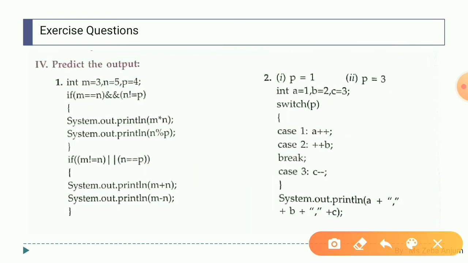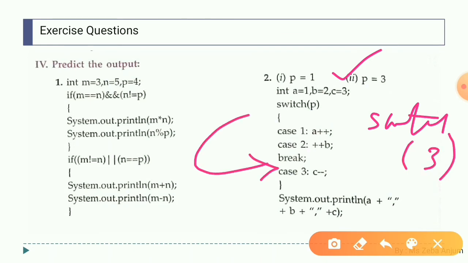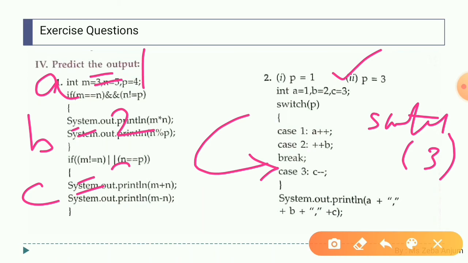Now let us see the case when p equals 3. So when p equals 3, you will be having this switch in bracket 3. So directly it will go to your third case over here. Again we are having the value of a is 1, b was 2, c was 3. So after executing this c minus minus, this c will become 2.